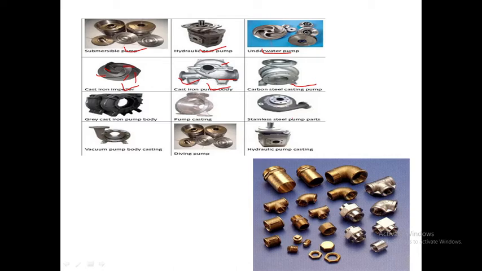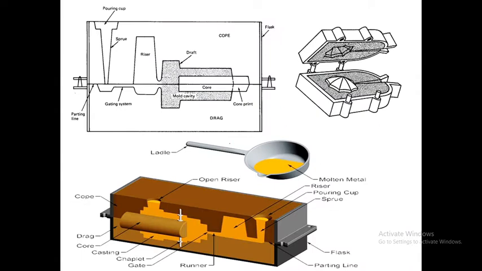Okay, so let us see next the different components, which I have already mentioned earlier. First of all, two boxes are there, known as a flask. In this flask the sand is kept, that is, the mold is prepared.